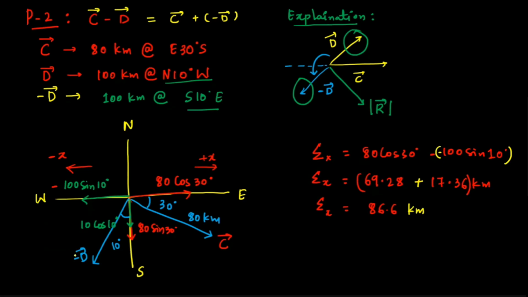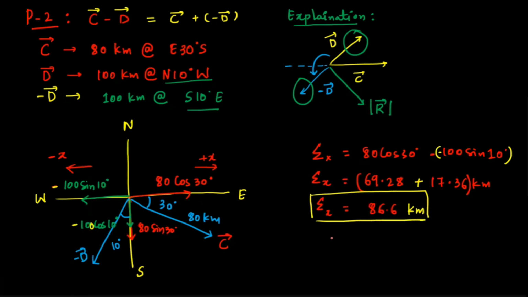This was minus d. So I would write minus 100 sine 10 in this direction and minus 100 cos 10 in this direction. So ultimately it will add up to give the net vector along x-axis as 86.6 kilometers.